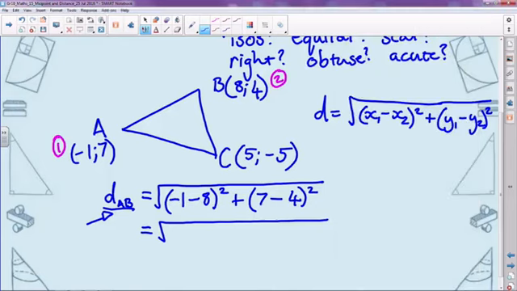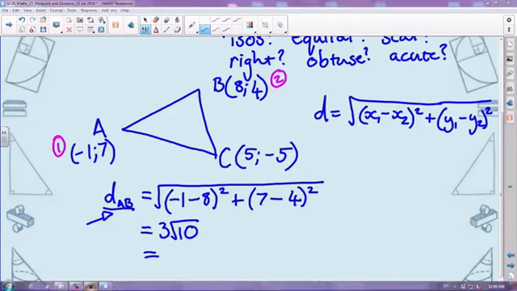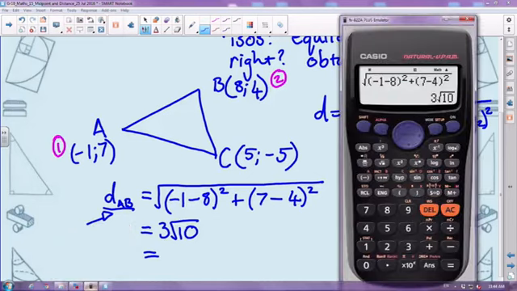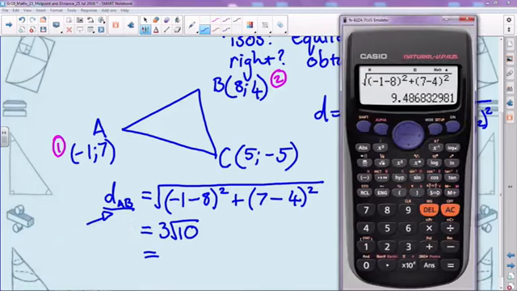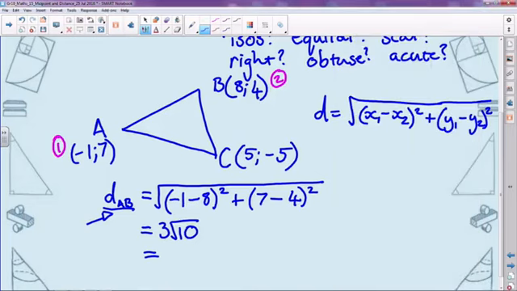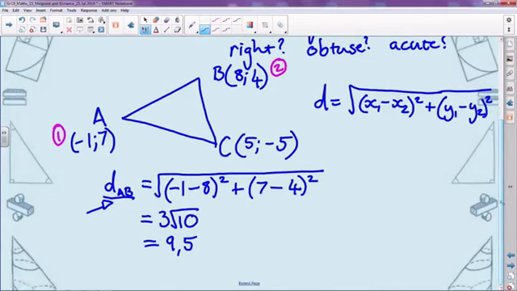Now one of the tricks with this section is to leave things in simplified surd form for as long as possible. So write down the simplified surd and then let's change it to be 9.48. So let's round it up to 9.5. So that's the distance of AB. Now let's do the distance of BC.